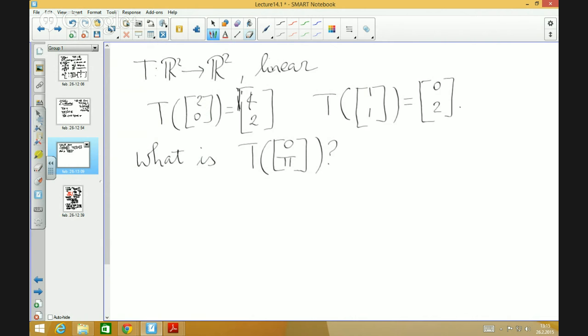And it tells you a lot. So for instance, if you know that T of (2,0) is equal to (4,2), this will tell you what T of (1,0) is. What is T of (1,0)?